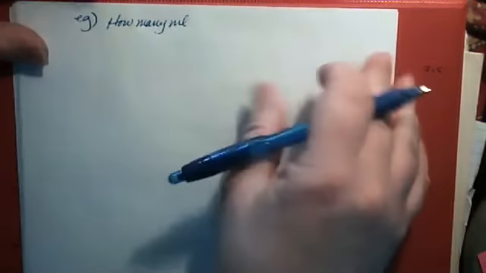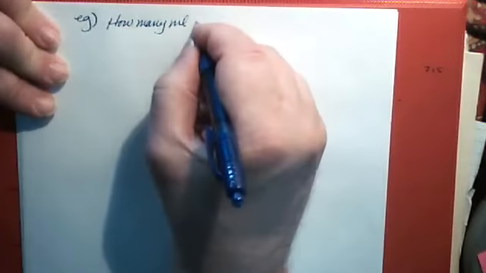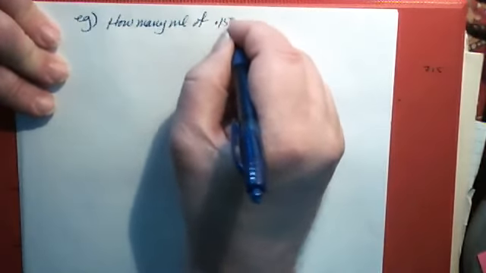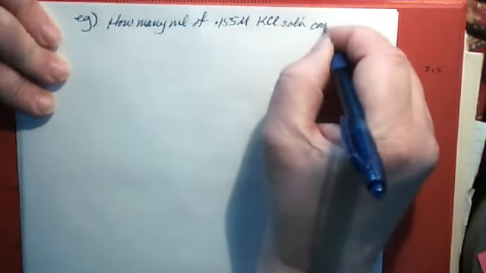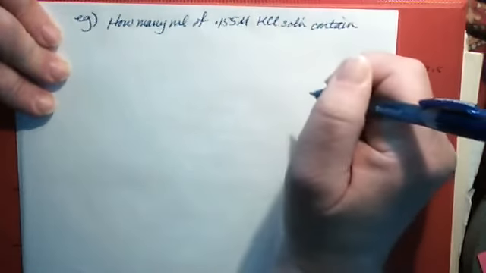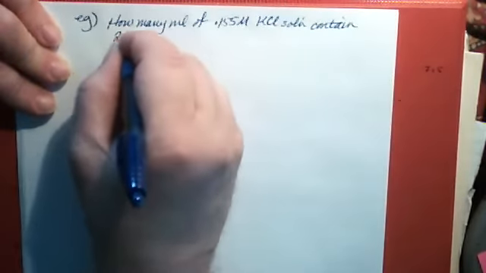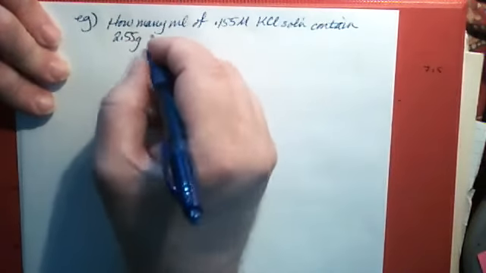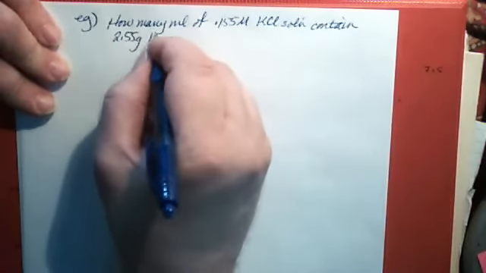An example of finding the volume. So how many milliliters of 0.155 molar KCl solution contain 2.55 grams of KCl?